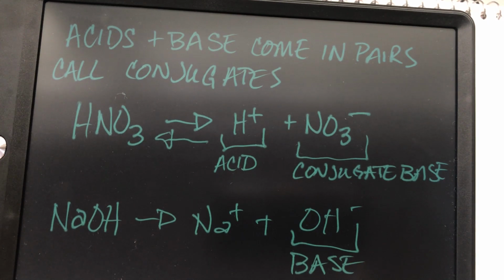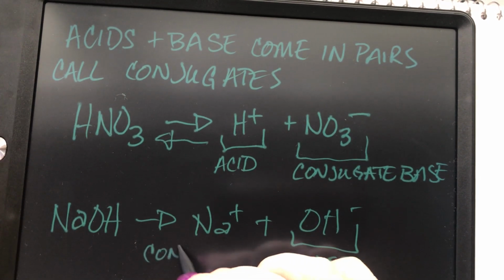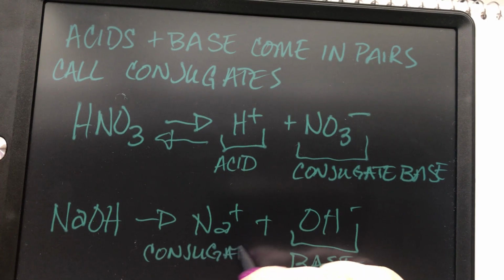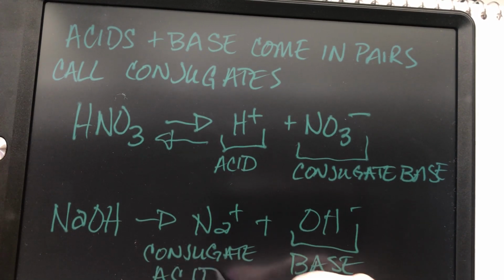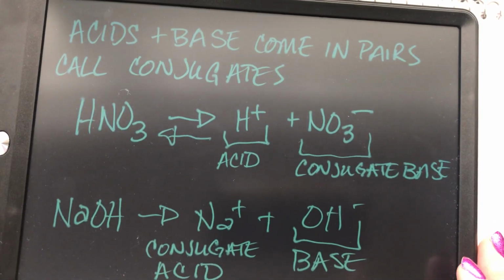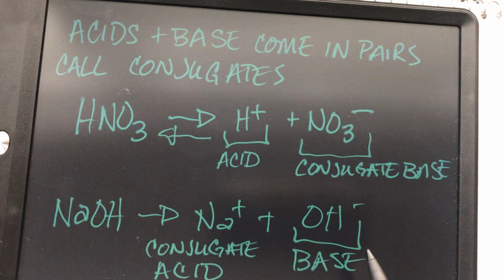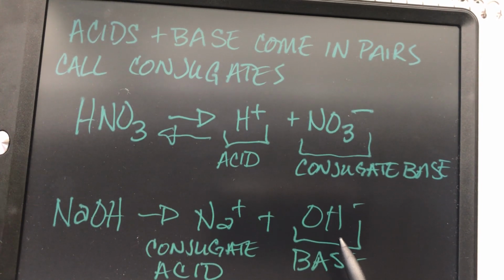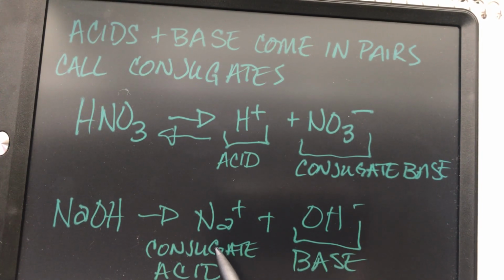Conjugate acid, exactly. When a base is dissociated, you end up with the basic component, the thing that can accept a proton, and you end up with the conjugate acid.